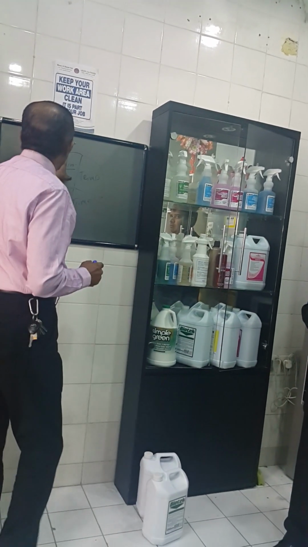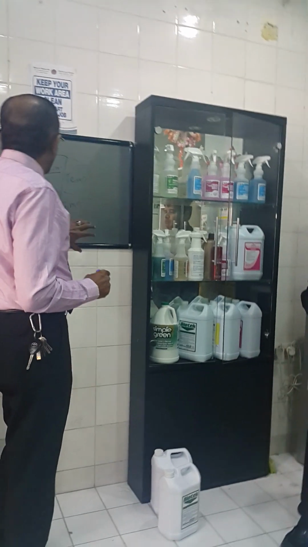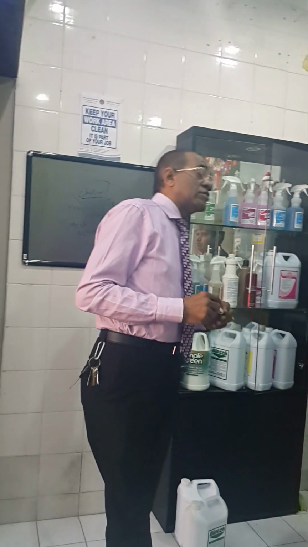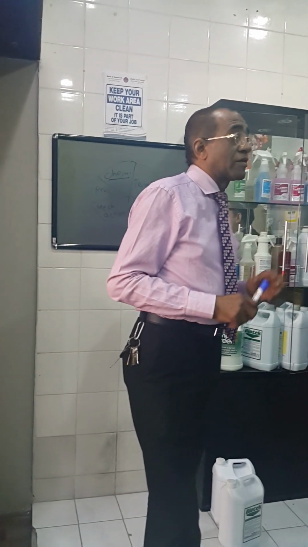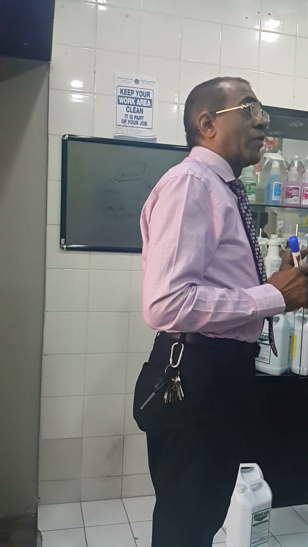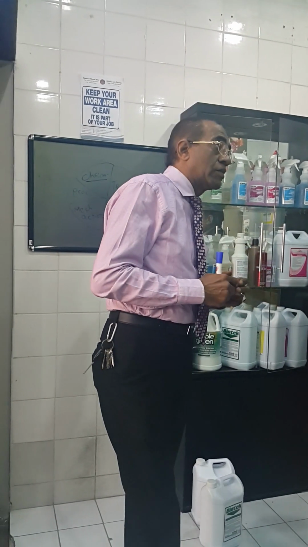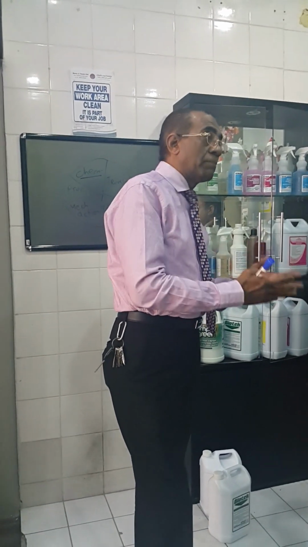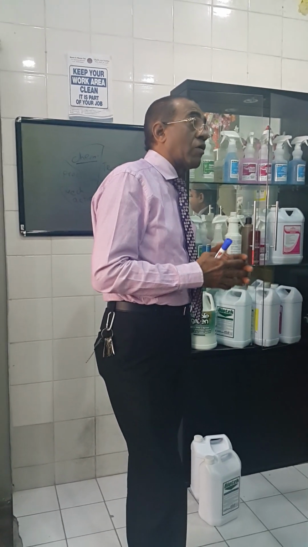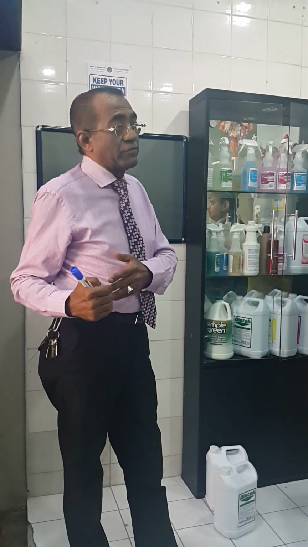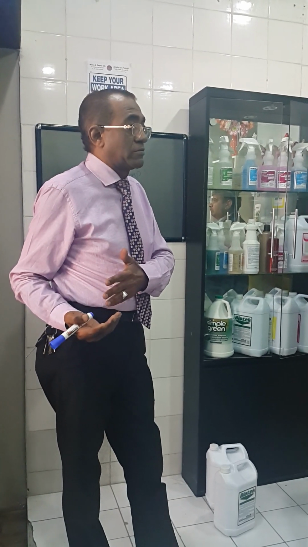Now, this is the chemical. Temperature. Every chemical needs temperature, either hot or cold. For example, when we clean the oven, we need hot temperature. When we clean the bathroom, we need cold.